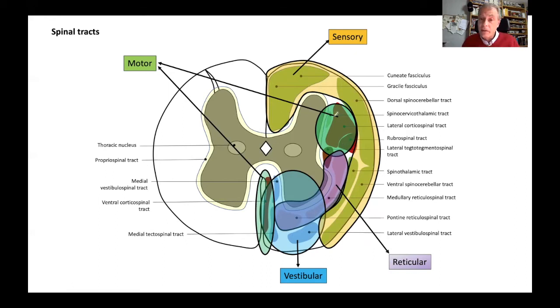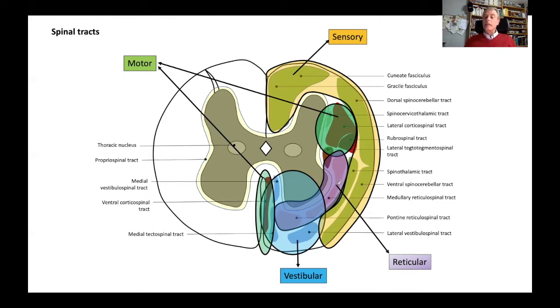As in the lateral funiculus, the corticospinal and rubrospinal, and also part in the ventral funiculus. Vestibular, okay? They were located quite close to the midplane, and they follow down in the spinal cord in the ventral funiculus.